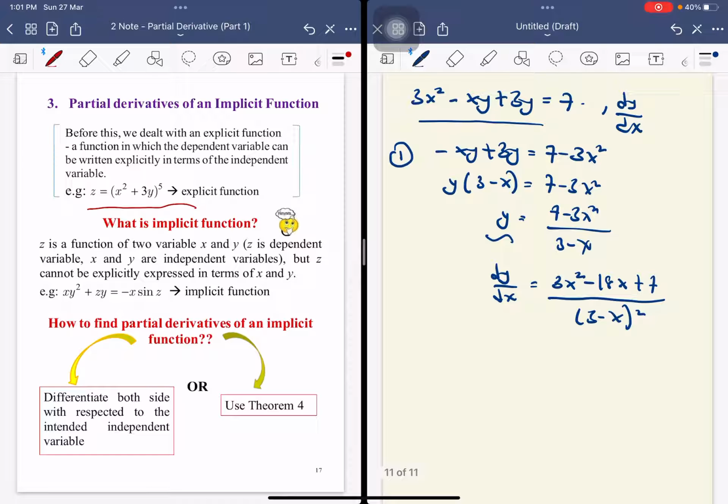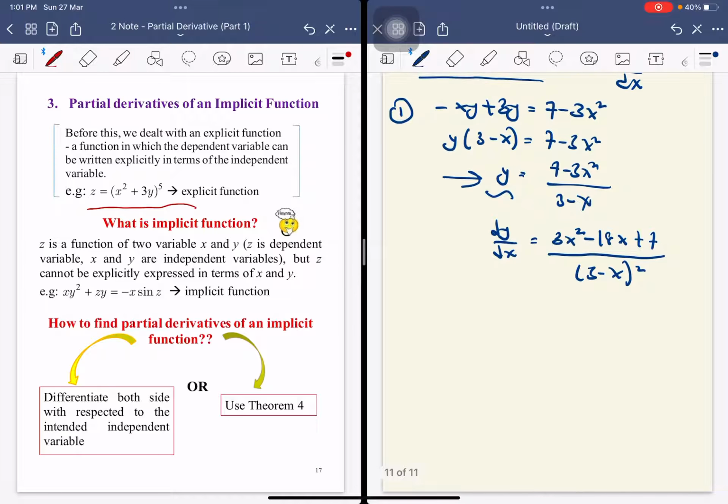If you're able to write it in this form, it means that this is an explicit function. Now I'll show you how to use implicit differentiation on the same function, so that we can compare with the answers.